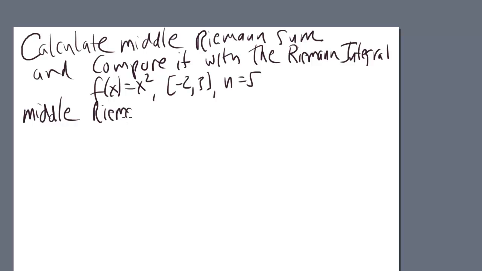Riemann sum is equal to the summation i equals 1 to 5 of f of x sub i star times 1, which we can suppress.